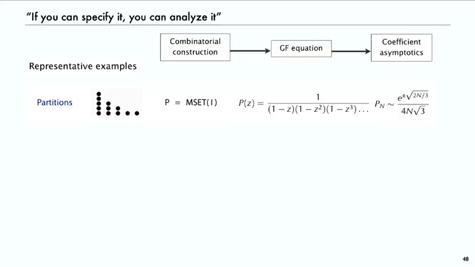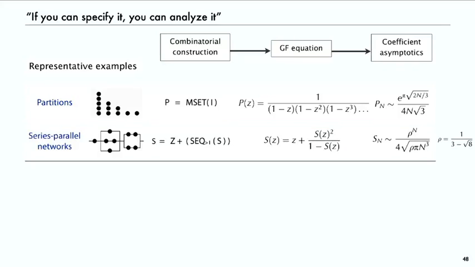The combinatorial construction for that is multiset, and the transfer theorem immediately gives the generating function, product of 1 over 1 minus z to the c, and so forth. And then there's an analytic transfer theorem that immediately gives the coefficient asymptotics.